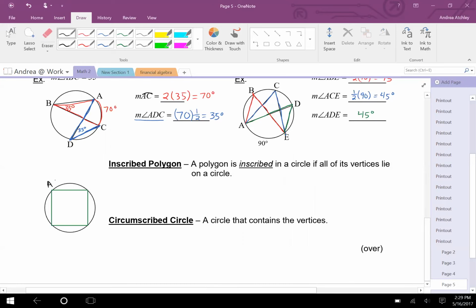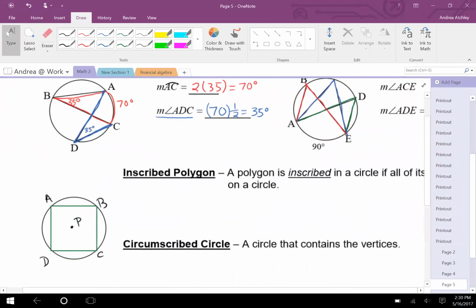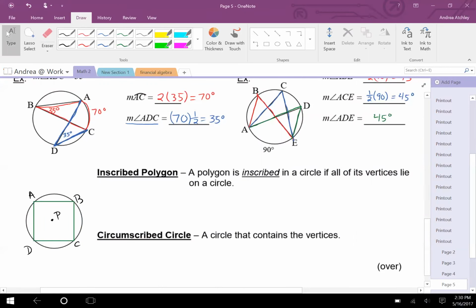We'll label this A, B, C, D. Let's go to circle P. And we would say that square ABCD is inscribed in circle P. We could also say circumscribed: a circumscribed circle is a circle that contains the vertices. So that's how you describe the circle.